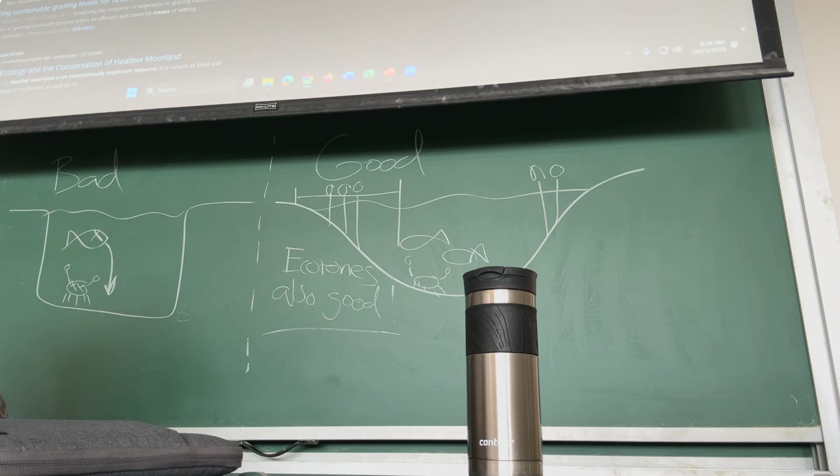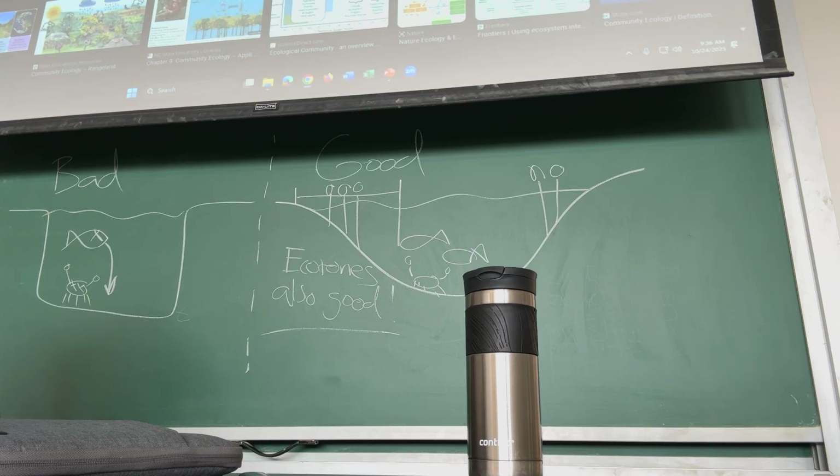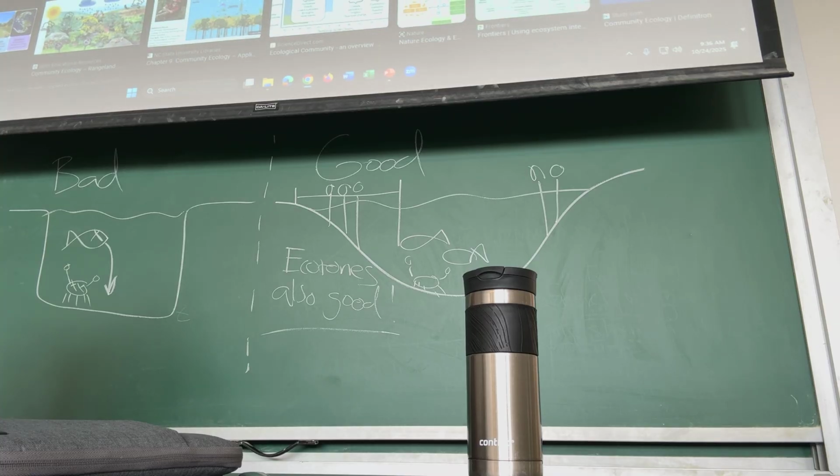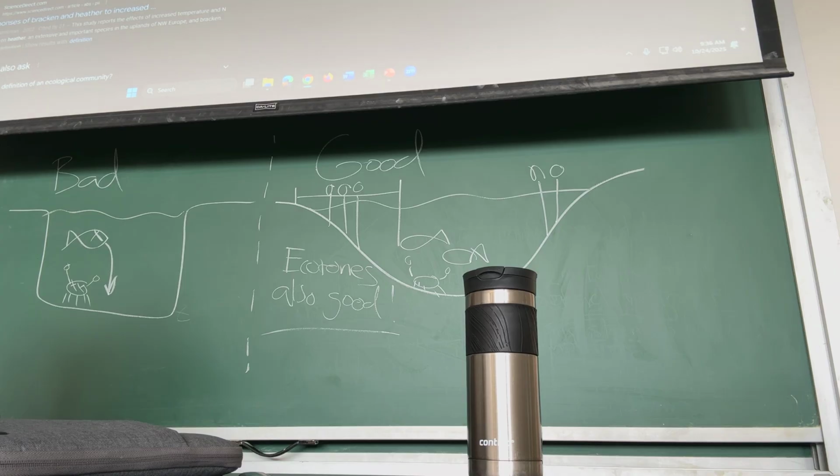I would love to just get a simple, nice, I've got the image saved somewhere where we've got an actual definition. Damn it. Heather isn't always the dominant species in these heather communities. Dang it, I thought I had the slide. Sorry. Yep. Thank you so much.